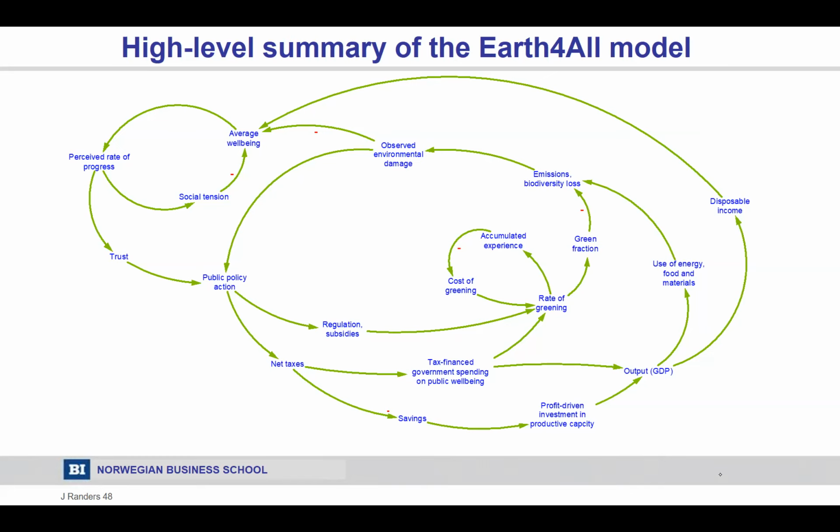So when output increases, yes, we get a positive effect on average well-being because of income, and we get a negative effect on average well-being because of the footprint increase. Luckily, society is somewhat rational, so the public policy action tries to do something about the negative aspects.